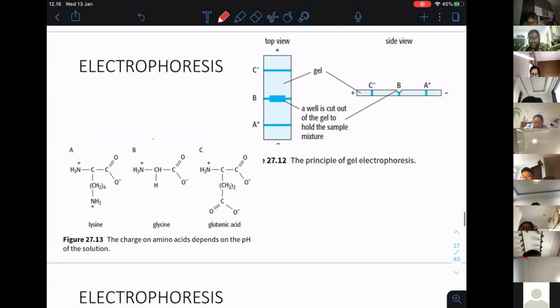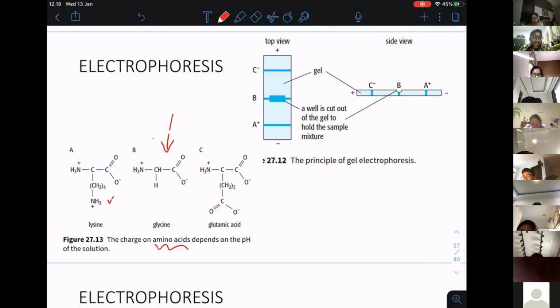But in chemistry, what we do is electrophoresis. We know that amino acids have charges. We have learned about these zwitterions. For example, this is glycine. But if the R group is attached to something that has NH2, this is going to be basic.